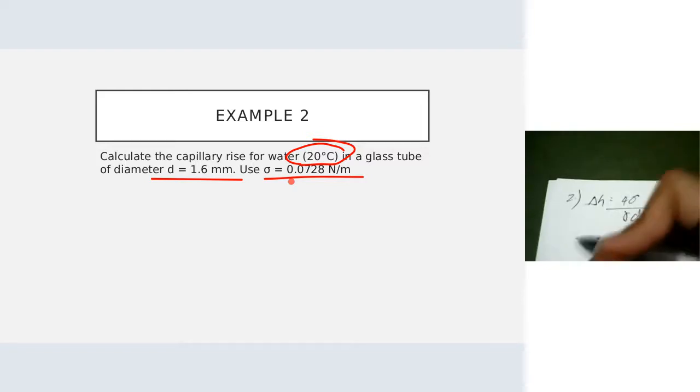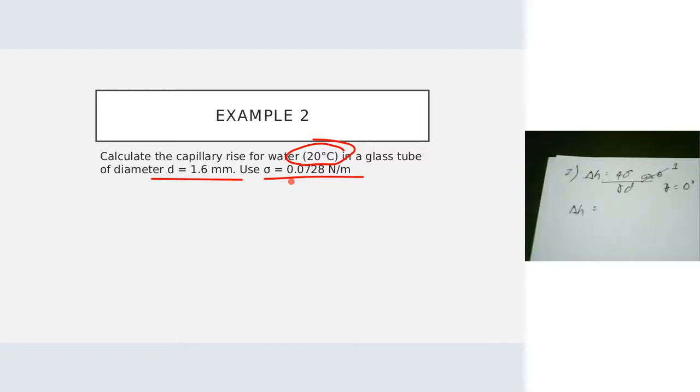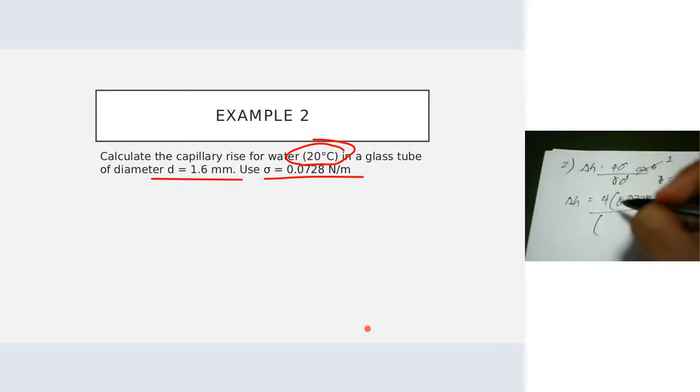So, capillary rise is equal to what? 4 times 0.0728 Newton per meter over, so what's the value for the unit weight of water? 9,810 Newton per meter cube.